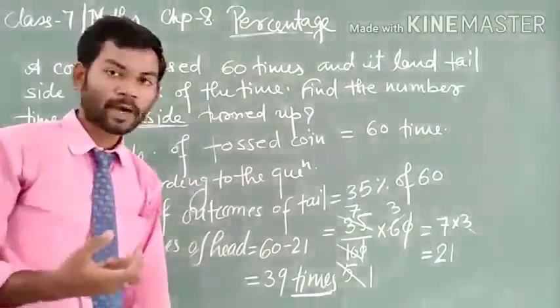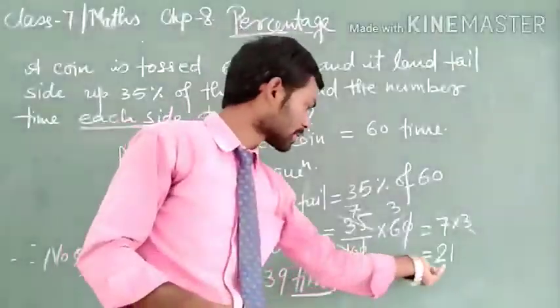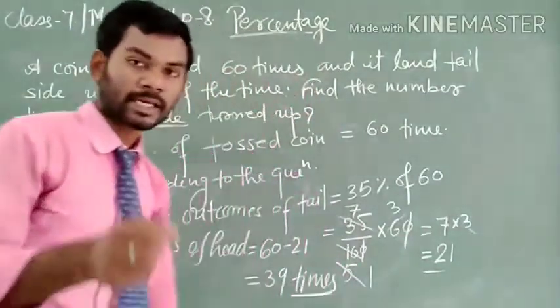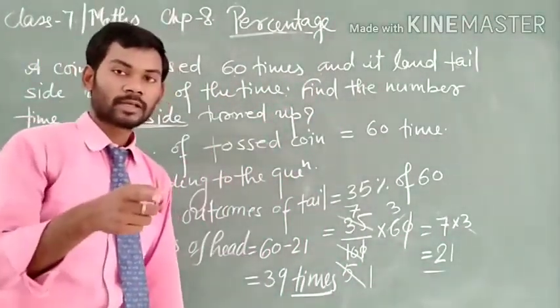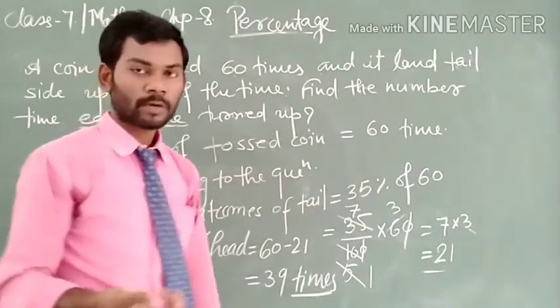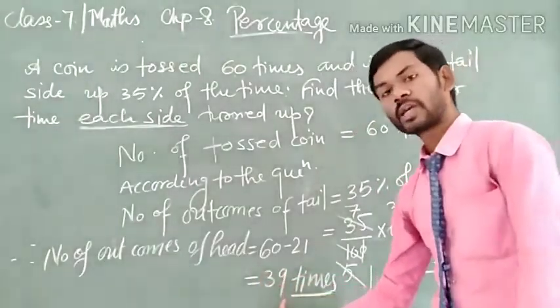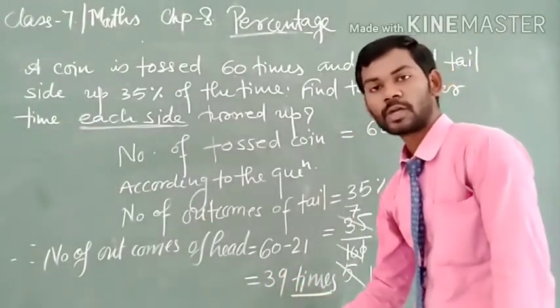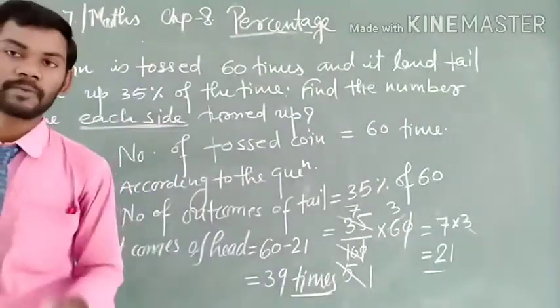So we have to find 35% of 60, which is 21. So the outcome of tail is 21 times. Therefore, for the number of outcomes of head, we subtract 21 from 60 and get this result. Okay, students, so this is the solution of the given question.